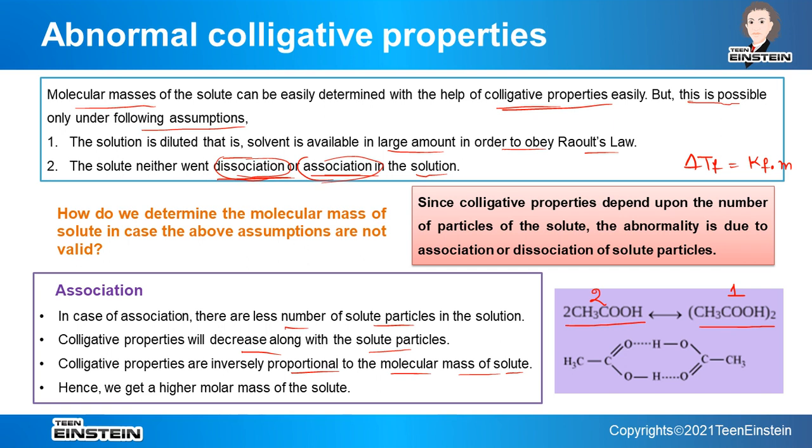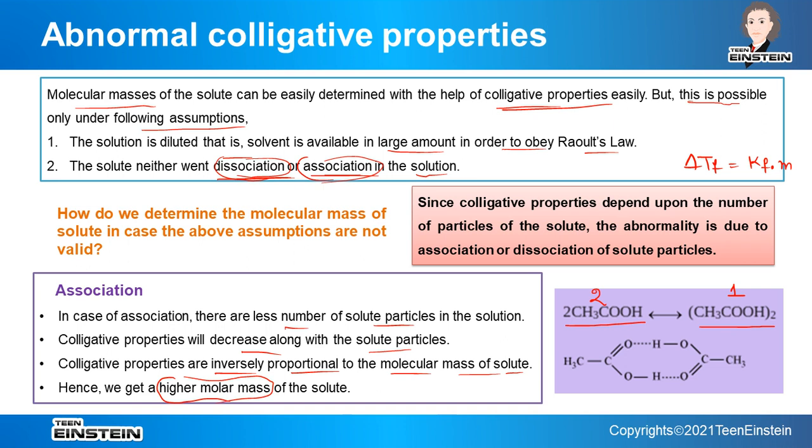Molality is given mass divided by molecular weight, so ΔTf is inversely proportional to molar mass as well. So in all the cases you will see that colligative properties are inversely proportional to the molecular mass of the solute. So if the solute is unknown and you find the molecular weight, it will be higher than the actual weight.